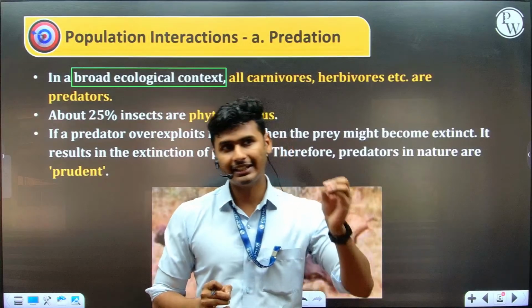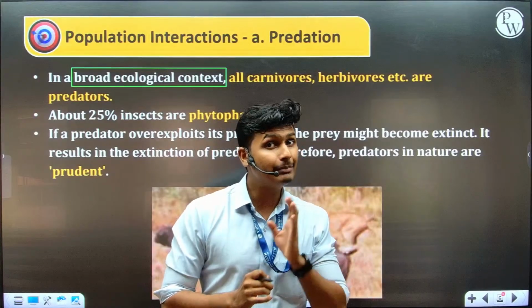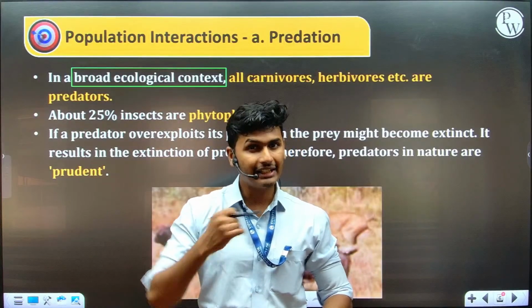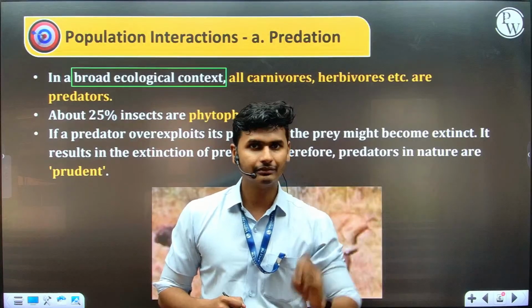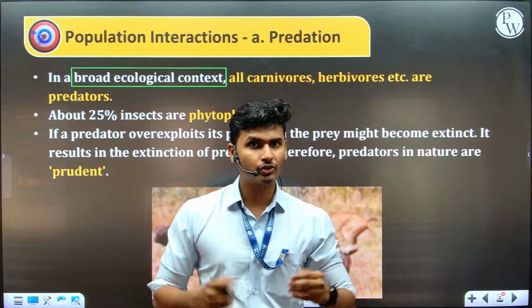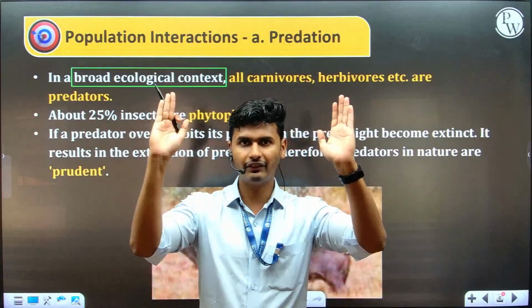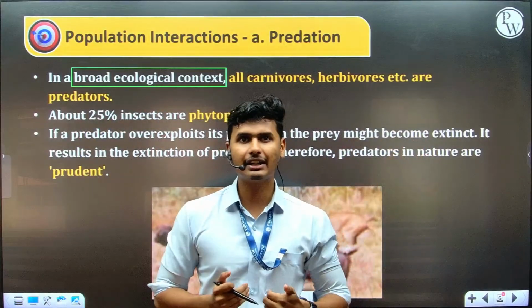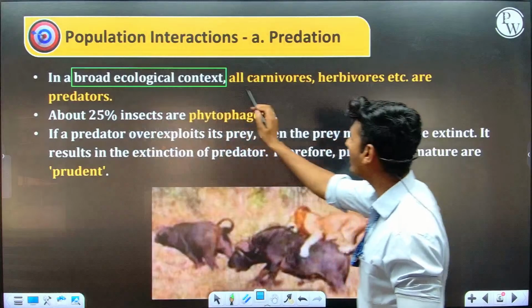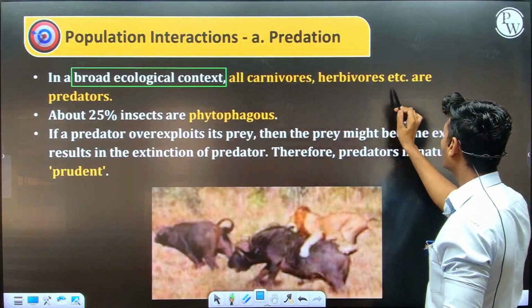So we are taking nutrition from a living organism. They are living, we are eating them, so we are the predator and they are prey. In a broad ecological context, all carnivores, herbivores, etc. are predators.